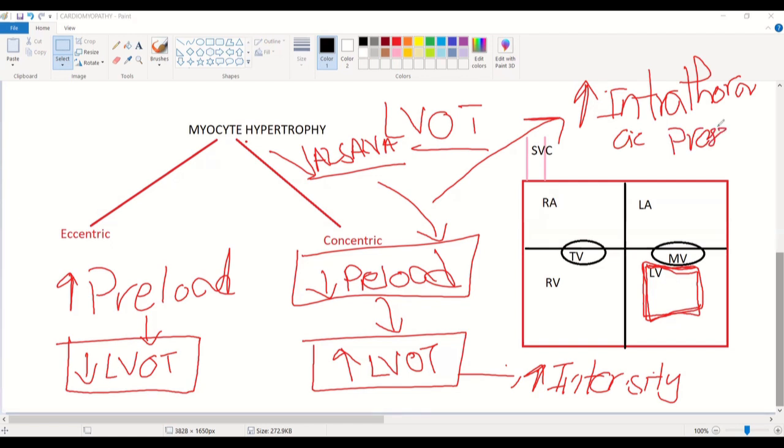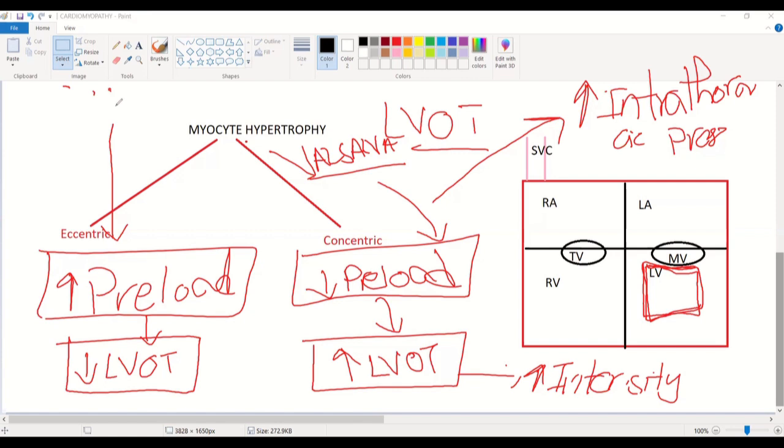So anything that decreases the preload will increase the intensity of the systolic ejection murmur, and anything that increases the preload will decrease it. Which things increase the preload? Can anybody tell me the condition? The question may give you these kinds of maneuvers: squatting, raising the leg, hand grip.